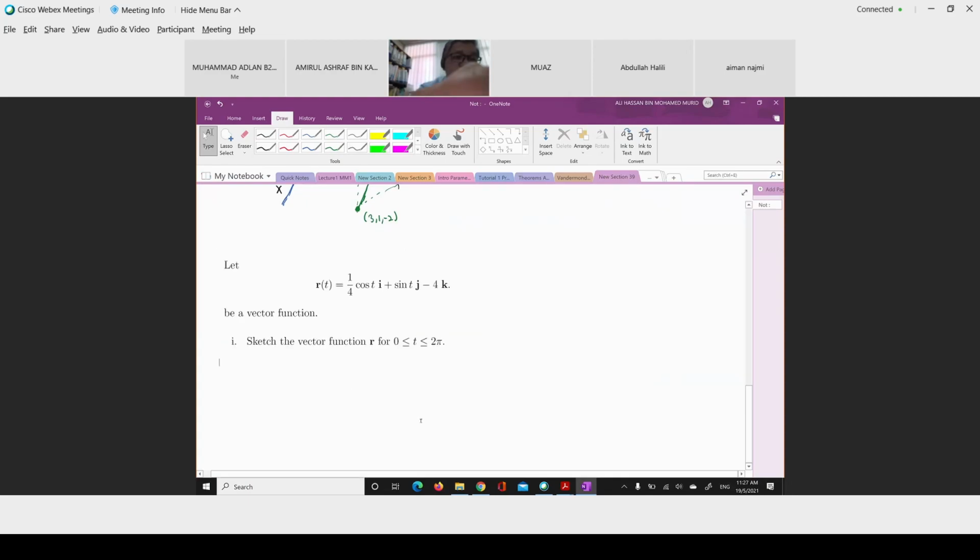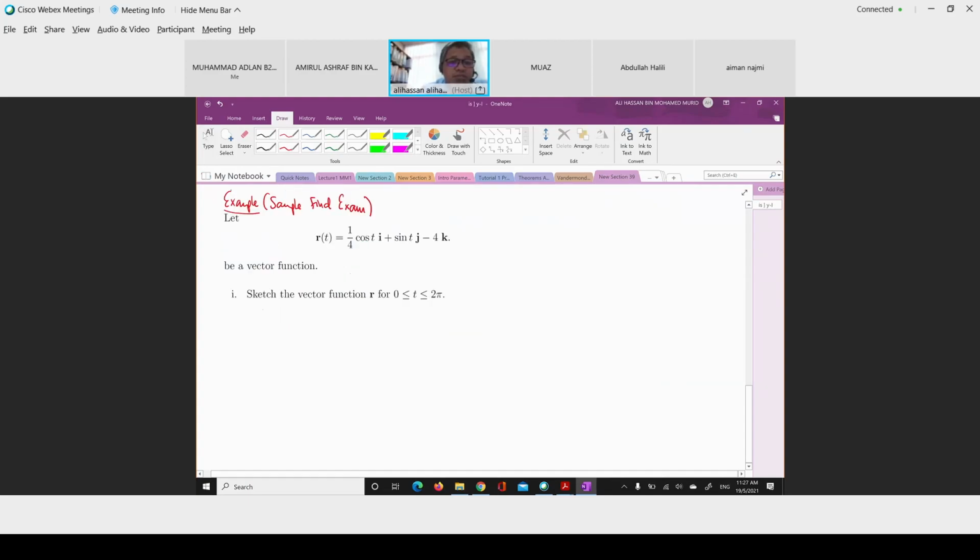Okay, let's do another example here. This is a sample final exam. You're given this vector, it's a position vector. Sketch the vector function r for t between 0 up to 2 pi. Okay. How do we solve this?